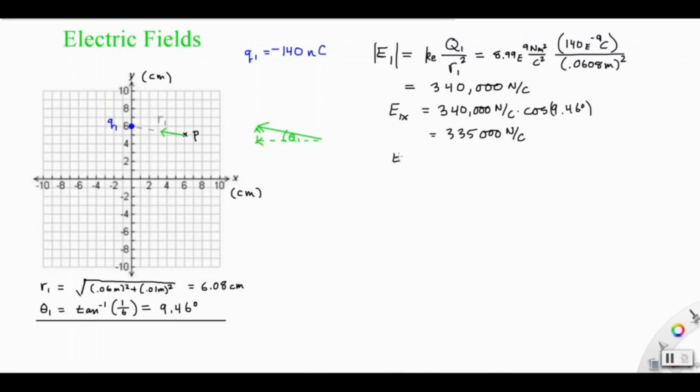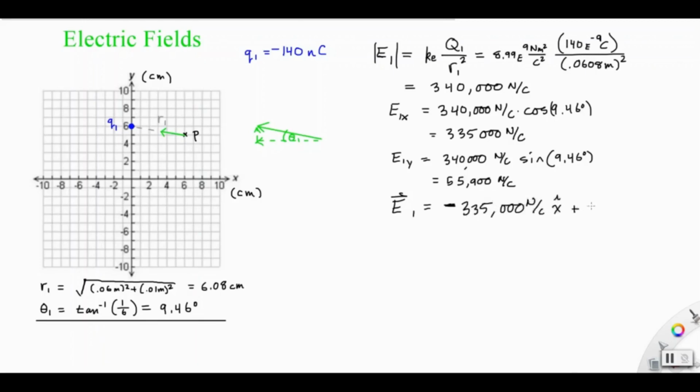We can also find the y component, and that is given by 340,000 newtons per coulomb times the sine, or 55,900 newtons per coulomb. We can now write our vector E1, and it's given as negative 335,000 newtons per coulomb in the x-hat direction, plus a positive 55,900 newtons per coulomb in the y-hat direction.